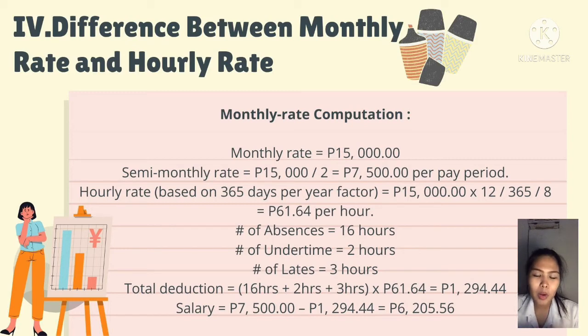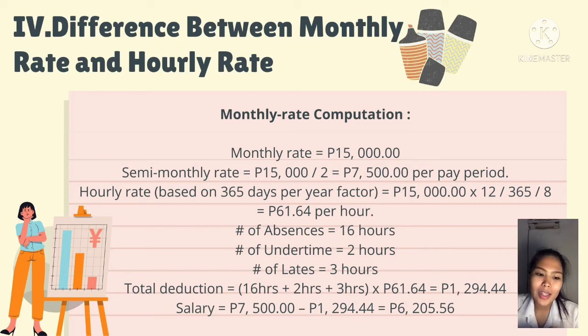So for example, 15,000 times 12, because 12 is the number of months in a year, equals 180,000. After you get 180,000, divide it by 365, because 365 is the days per year. So, what comes out is 493.15.